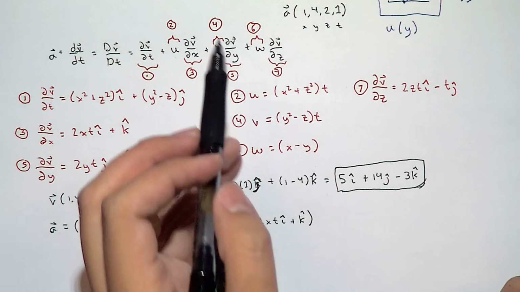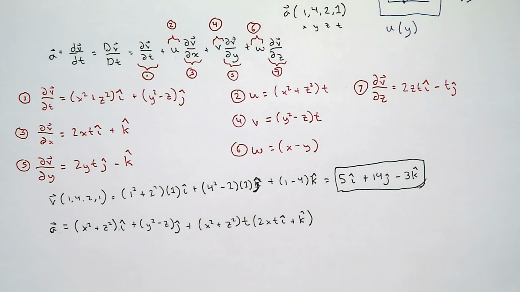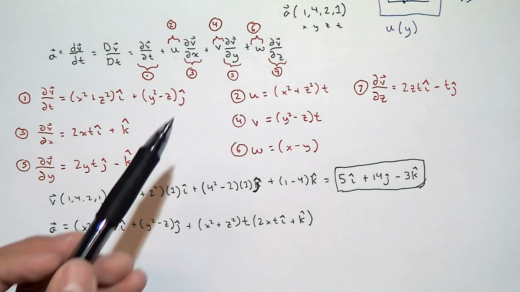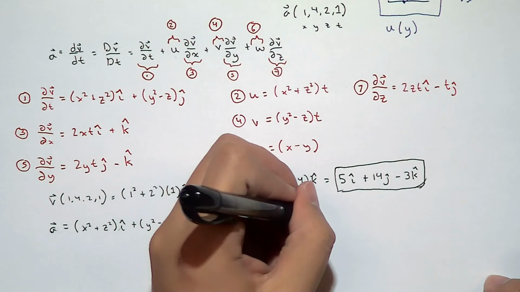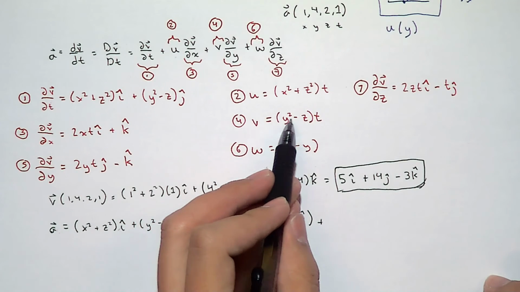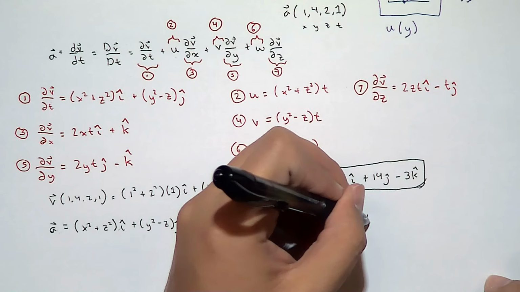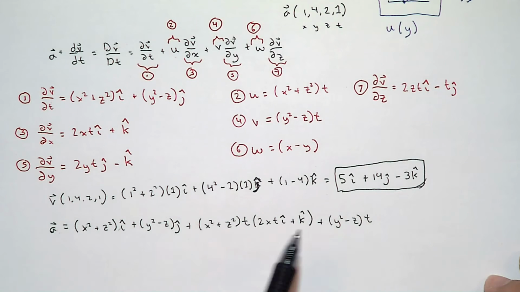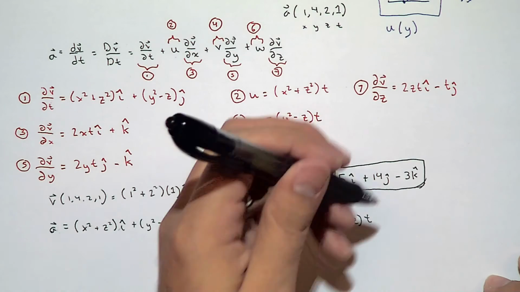Good. We have plus the y component of the velocity multiplied by the partial derivative of velocity with respect to y. So we get plus, my y component is (y squared minus zt). And all this will be multiplied by my partial change in velocity with respect to y, which is 2yt j minus k.